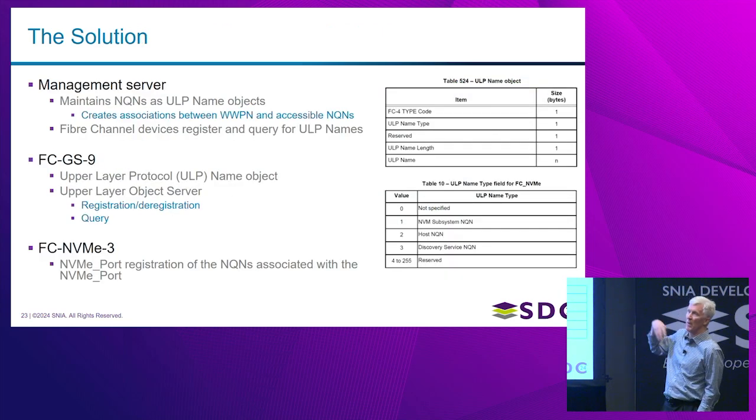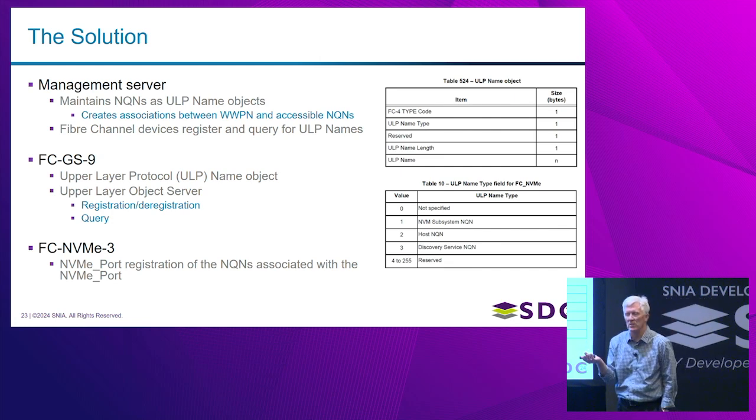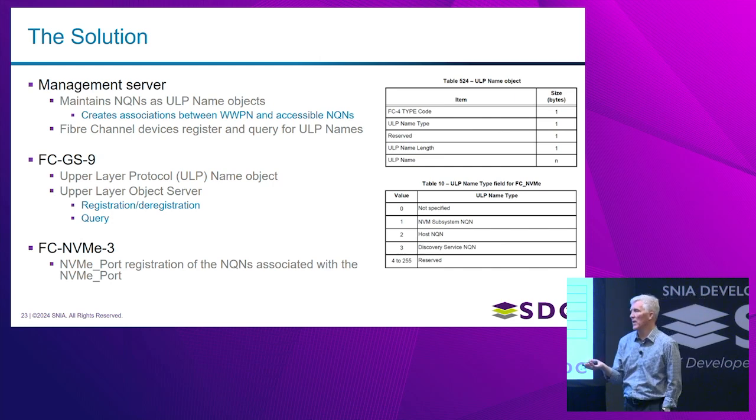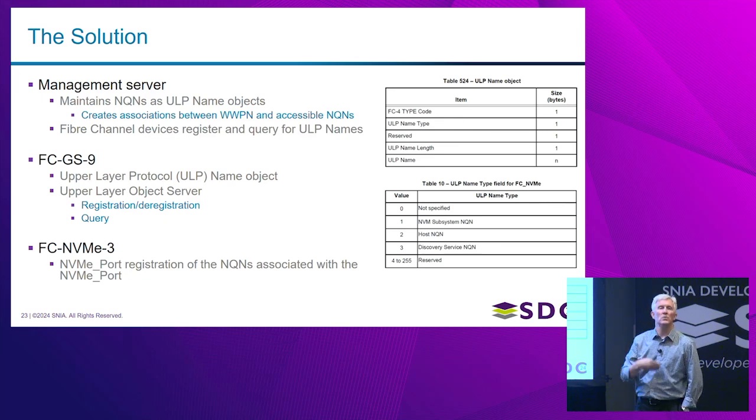So we provide a management system, or server, I should say, that we refer to as the upper layer object server. And you can register a ULP name. And for NVMe, the ULP name is simply an NQN. And then this FC-NVMe-3 specification simply says NVMe ports should register their NQNs.